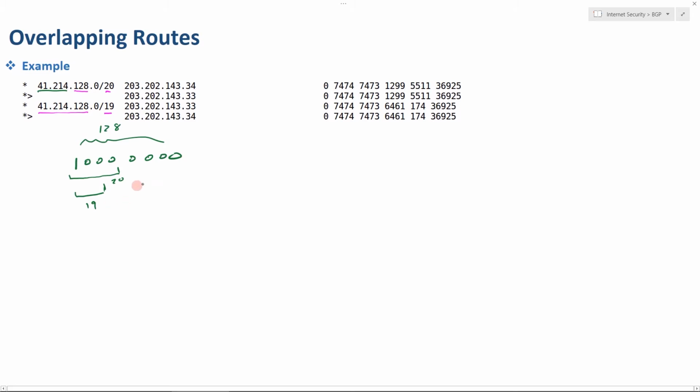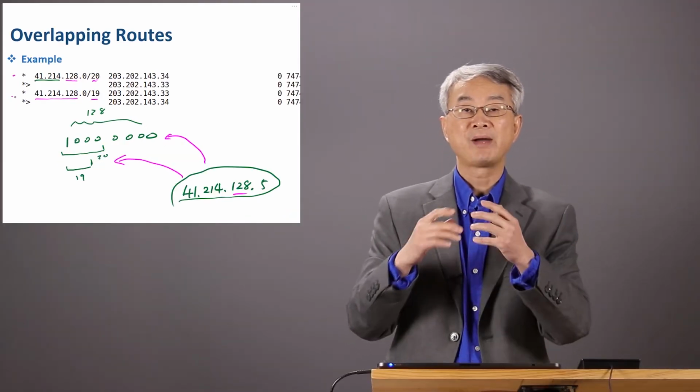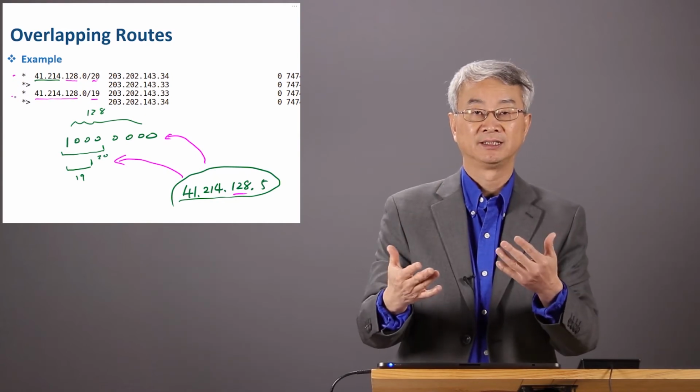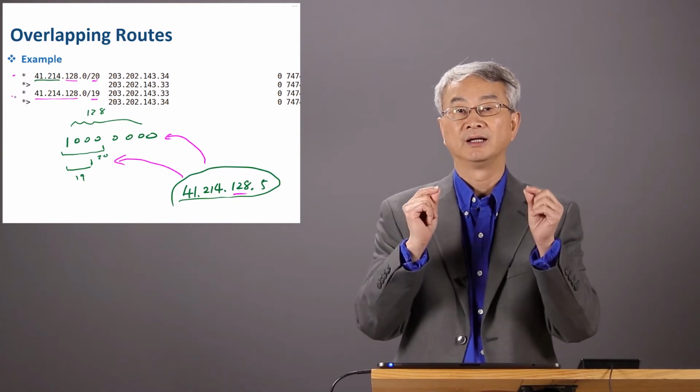Let's see, I have an IP address 41.214.128.5. This IP address is going to match with both of them, because of the network ID part, it's going to match with this and it's going to match with this. So there are two matches. But which one is going to be selected? Here's the rule: if you match multiple network prefixes, the most specific one wins.